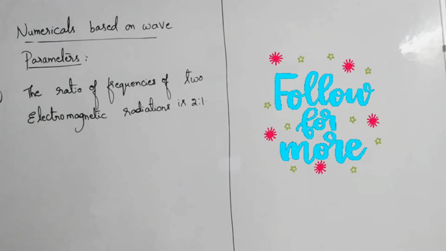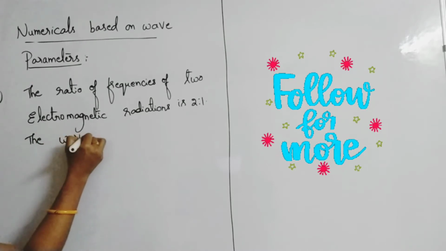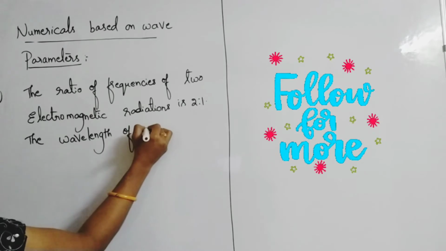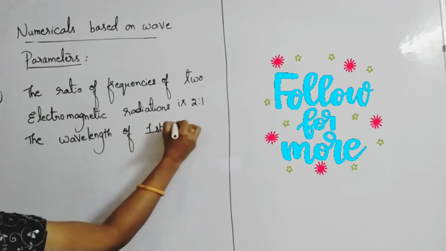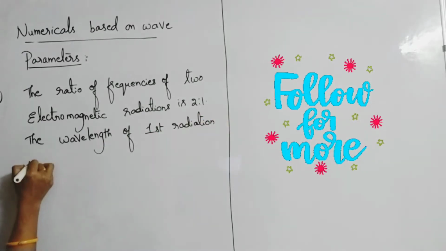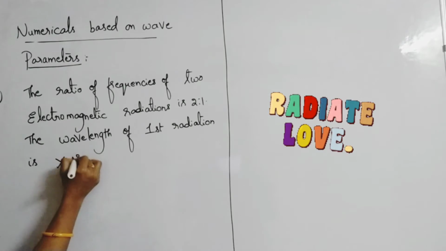The wavelength of the first radiation is X angstroms.